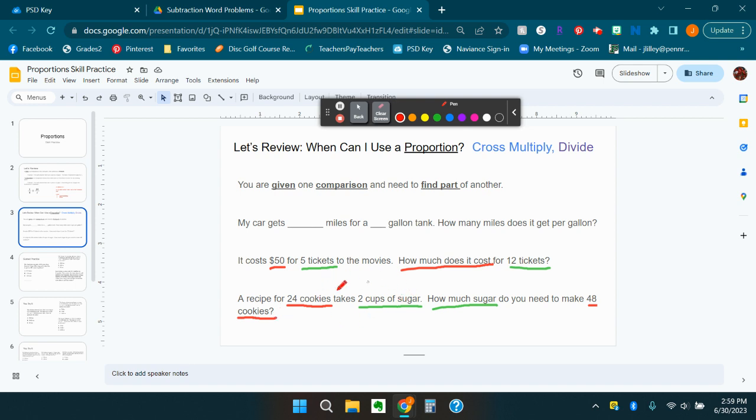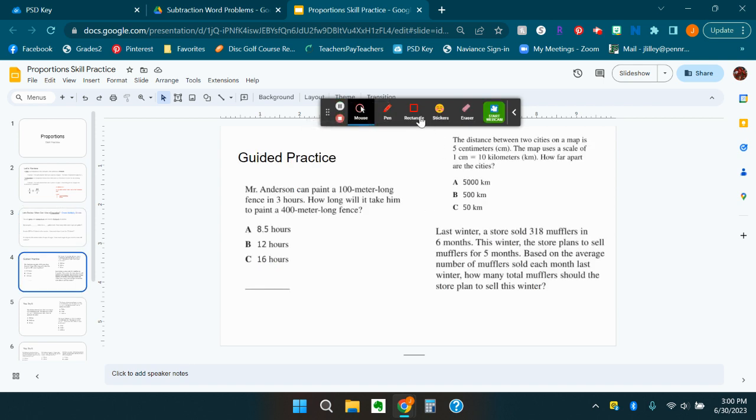Again, I'll use the first sentence to set up my first fraction, my second sentence to set up my second fraction, making sure that I have cookies on top, sugar on the bottom, and then cross multiply and divide, cross multiply and divide. So let's take a look at some of the problems on your progress monitoring that you can use a proportion to solve.